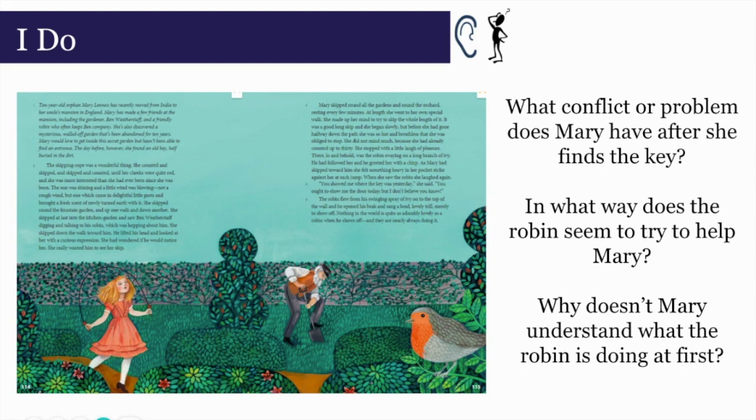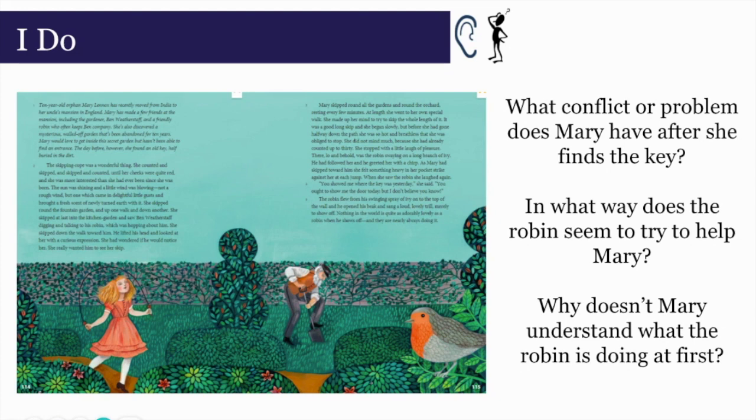Mary skipped round all the gardens and round the orchard, resting every few minutes. At length, she went to her own special walk. She made up her mind to try to skip the whole length of it. It was a good long skip, and she began slowly. But before she had gone halfway down the path, she was so hot and breathless that she was obliged to stop.